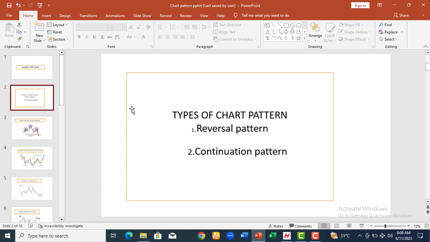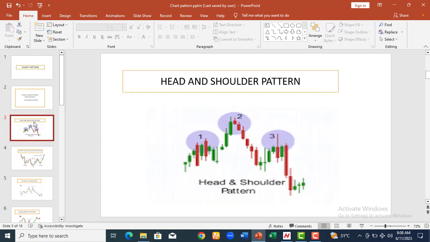Continuation patterns, whenever you spot them in an uptrending market, show that those markets will continue buying, or in a downtrending market, that those markets will continue selling. An example of the reversal pattern is the head and shoulders pattern.